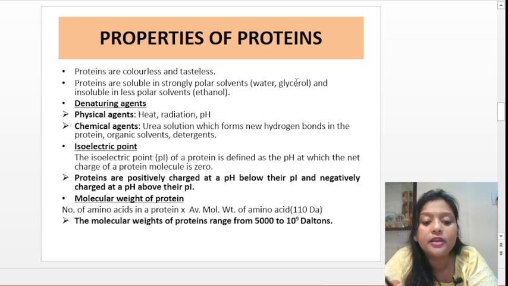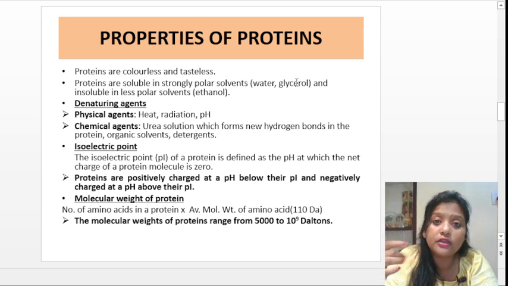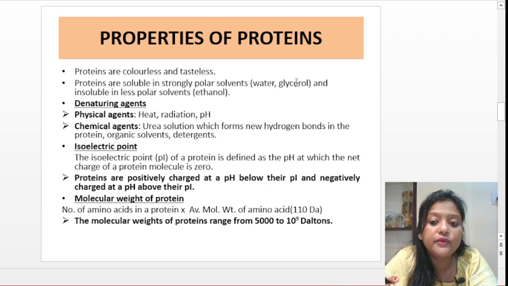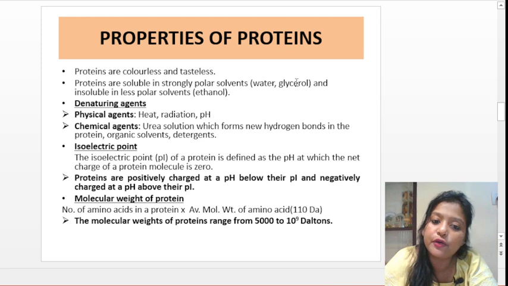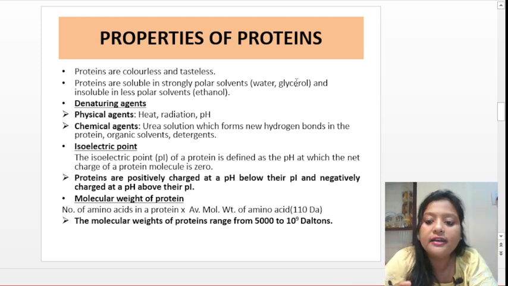Suppose the pI means the isoelectric point. If the pH value is below the isoelectric point, then the proteins are positively charged. And if the pH is above the isoelectric point, then the proteins are negatively charged.